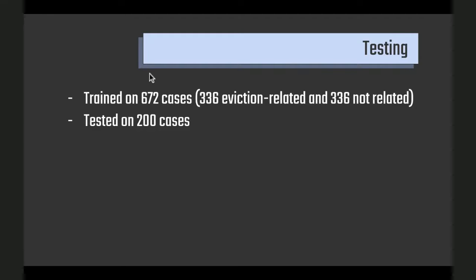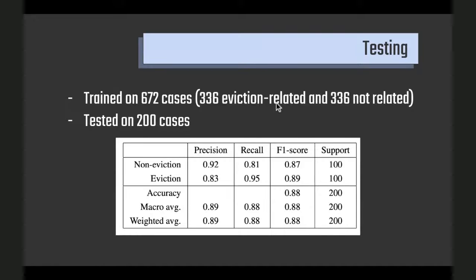And then we tested on 200 cases. So basically the way it works is that this system tries to learn what words are more characteristic of one label, such as eviction related, or the other label, not related, and then it's given 200 cases to see whether it sorts them out correctly.